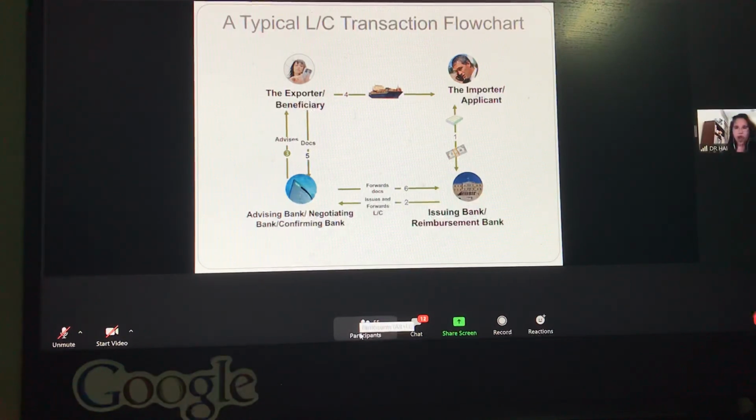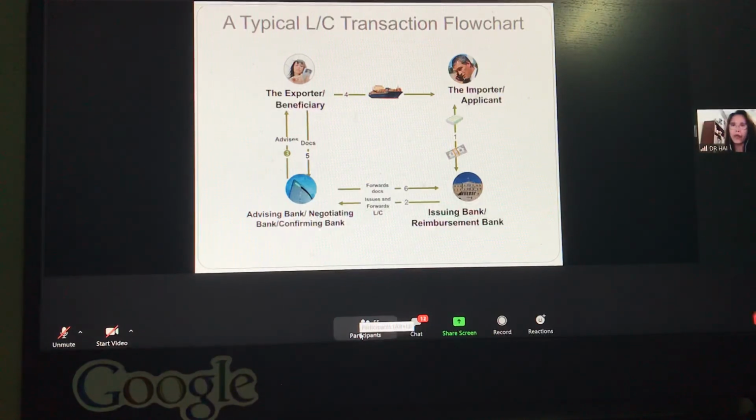Vietcombank is the nominated bank. And now I ask you, when does Vietcombank become the negotiating bank? Yes, 28, and then number 6. If a nominated bank negotiates documents, then it's a negotiating bank. Negotiating bank. Yes.